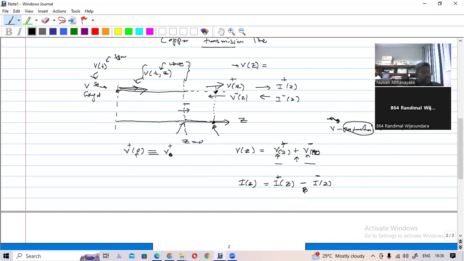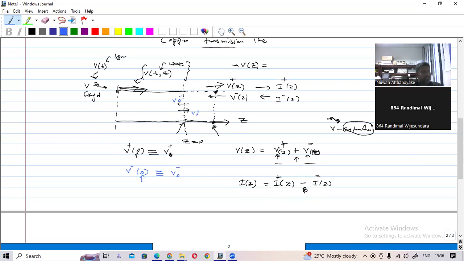And there is a backward voltage also. The backward voltage at Z equal to 0 is normally denoted as V naught minus.